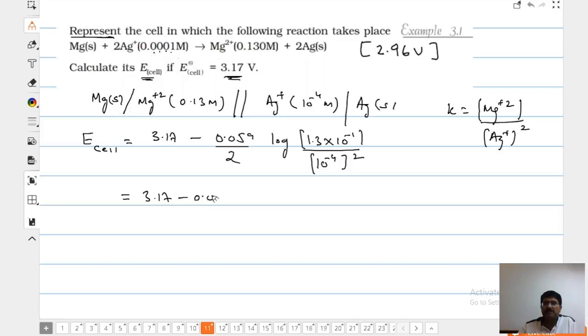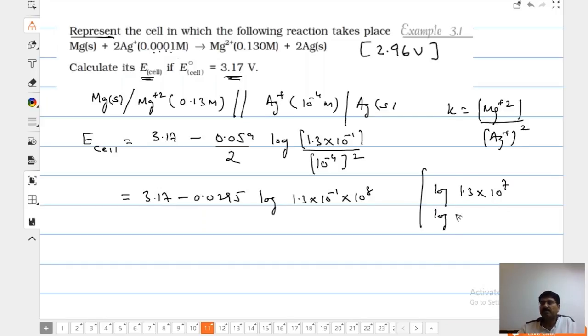3.17 minus 0.0295. Our log method will be the best method here. Into 10 raised to power minus 1 into 10 to the power 8. Any problem? That is log of 1.3 into 10 power 7.